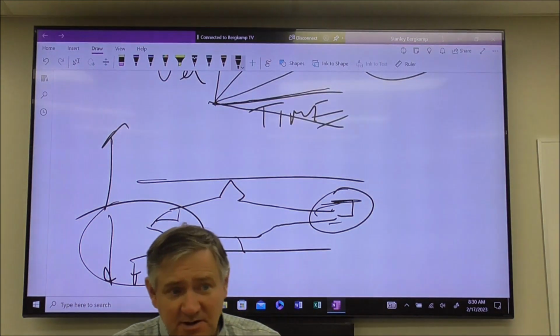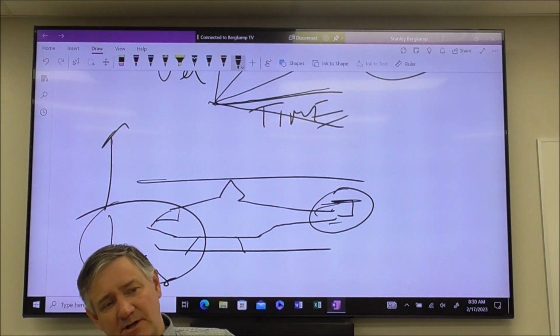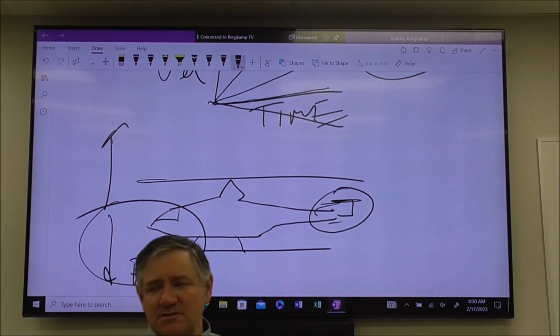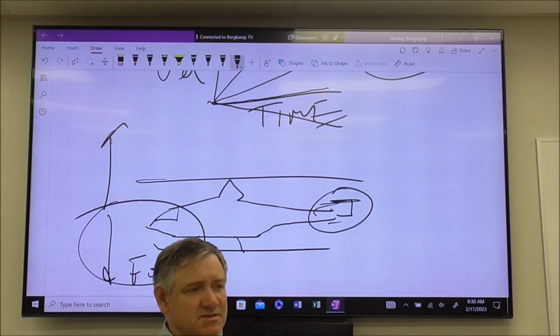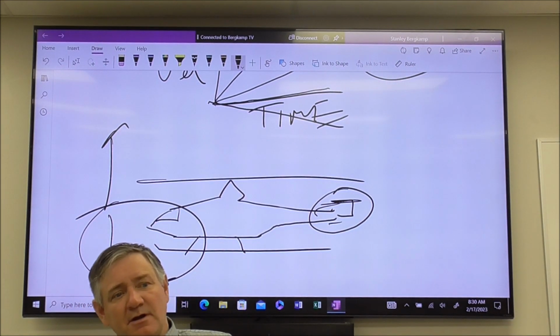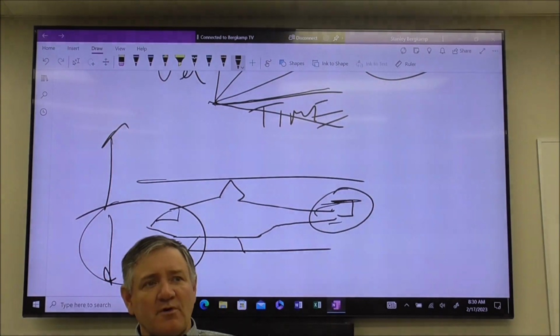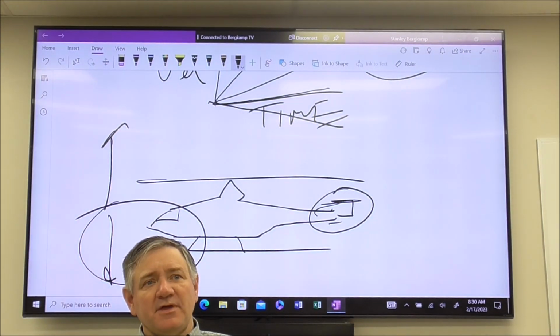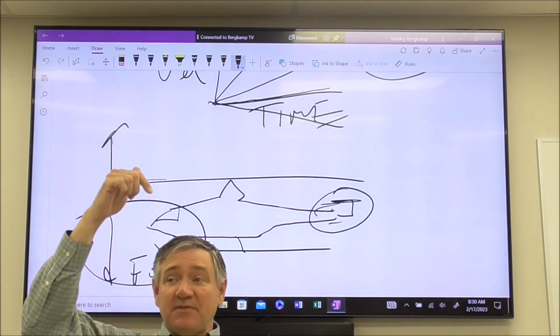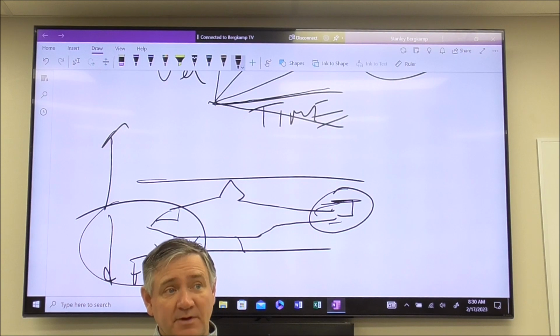So if I just turned on the helicopter and don't provide enough upward force, it's not going to fly off the table, right? If I want it to accelerate upward, I have to give it enough force so that the upward force on the helicopter is bigger than the downward force pulling it down.